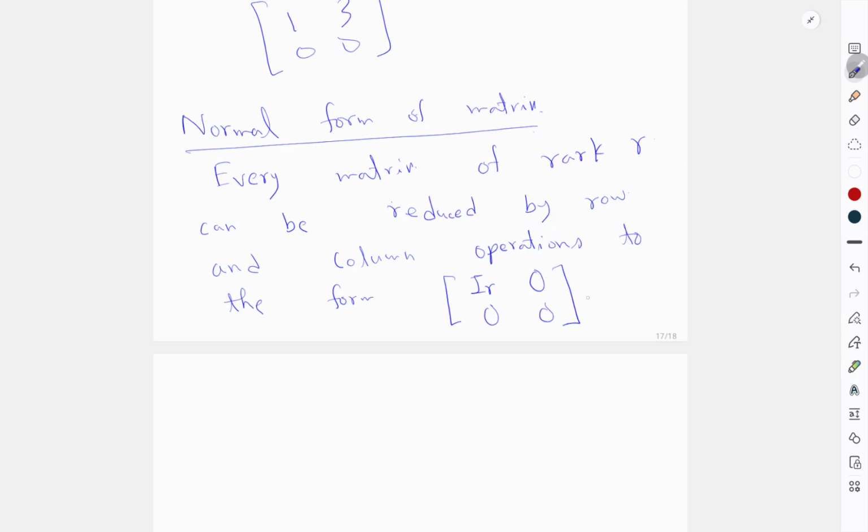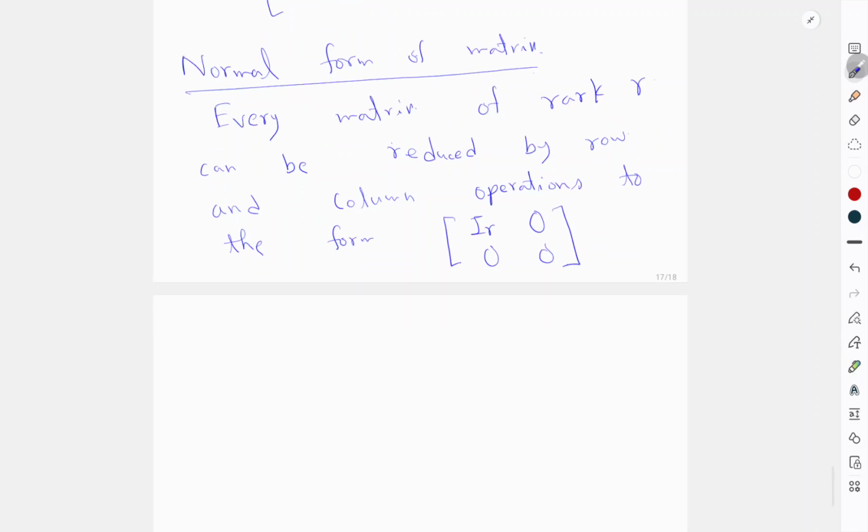These elements are all zero; this is like a zero-order block. So every matrix of rank R can be reduced by row and column operations to this form.